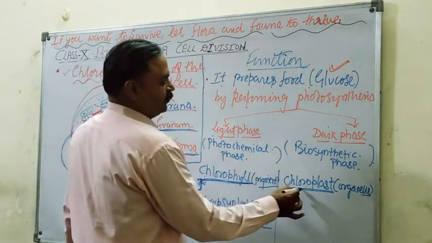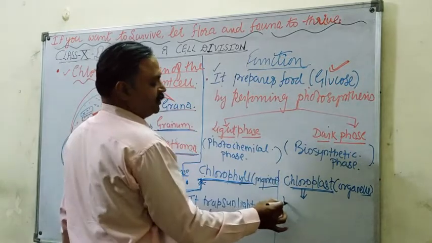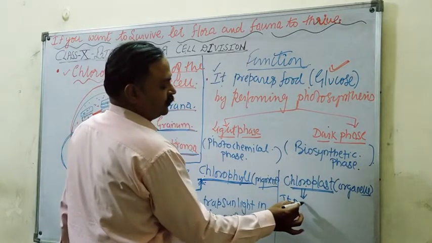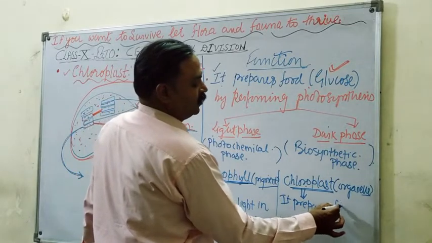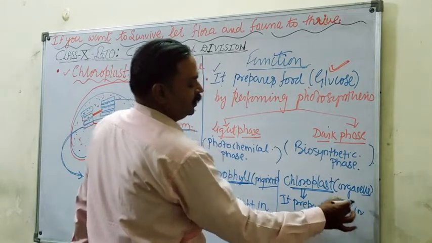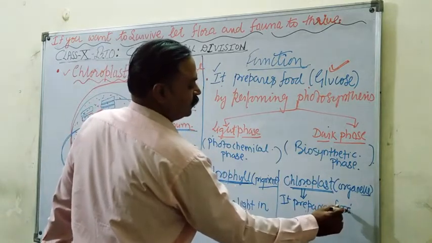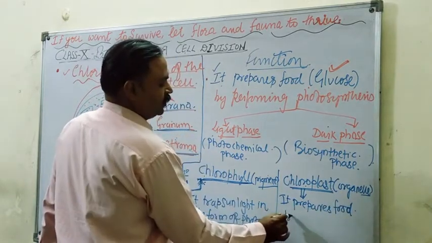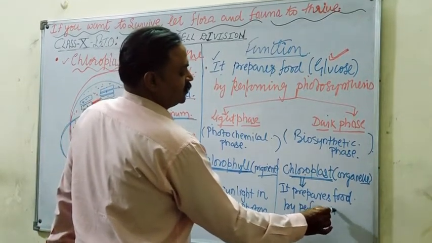And chloroplast is an important cell organelle, and its function is this only: it prepares food in the form of glucose by performing photosynthesis.